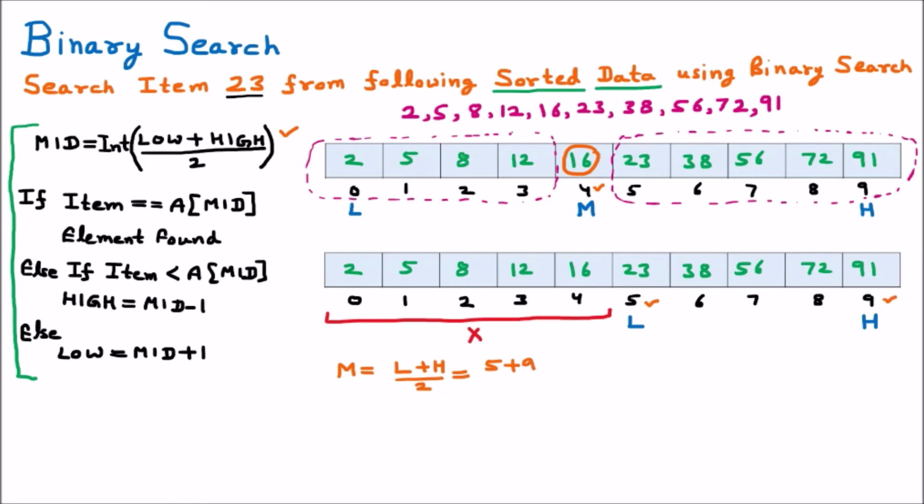So 5 plus 9 divided by 2 is 14 by 2, which is equal to 7. So the integer value of the middle we found is 7. That means index 7 is our middle here.